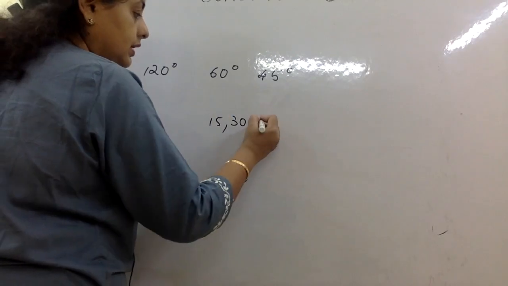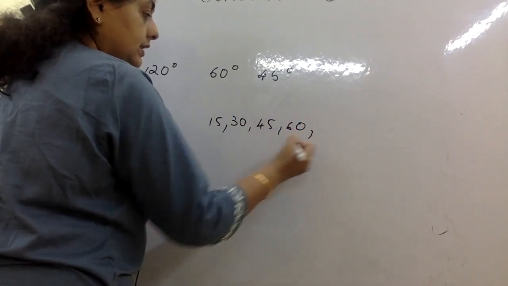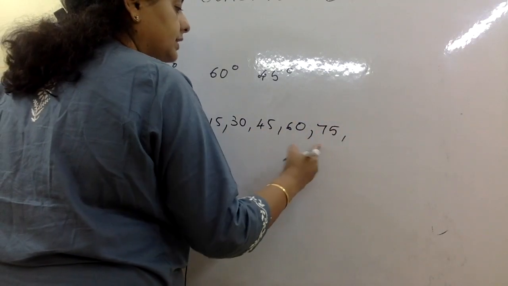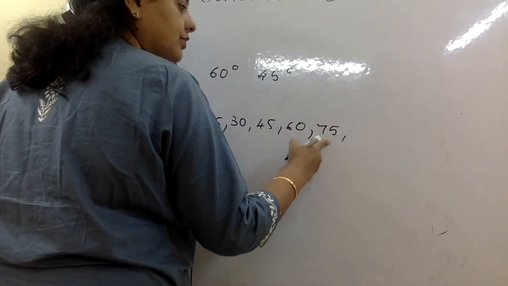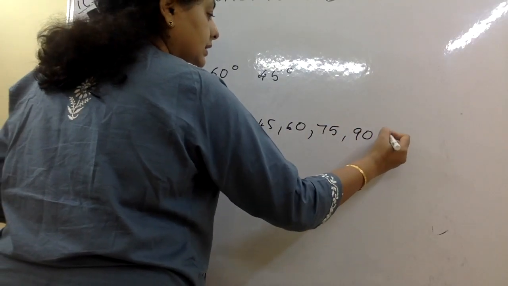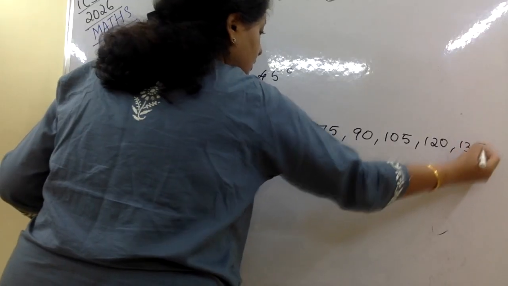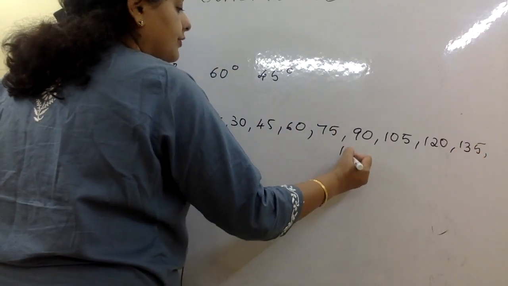Now remember, any angle which is a multiple of 15, like 15, 30, 45, 60, these are all multiples of 15, right? 75, then we'll make 75 also today, 90, then 105, 120, 135, and 150.